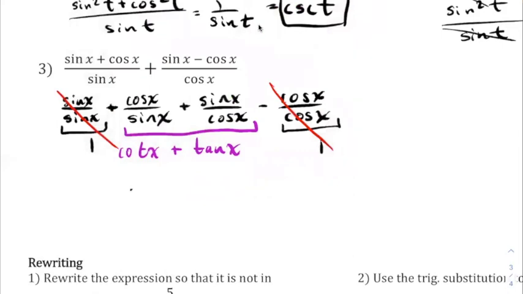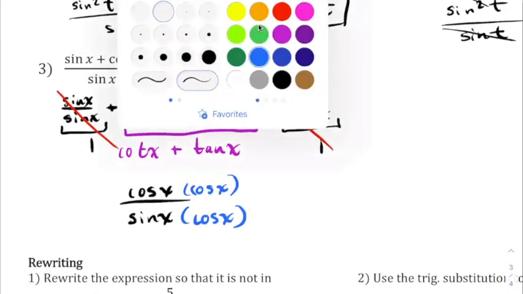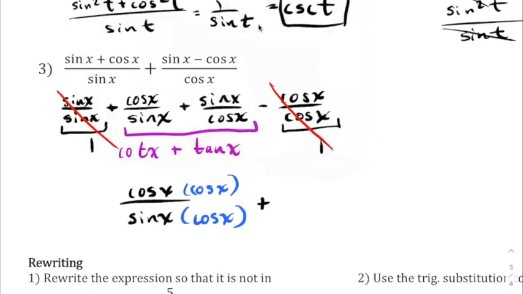So cosine x over sine x, I need this to be multiplied by cosine x over cosine x. And I'm adding this to sine x over cosine x, and this time I need to multiply by sine x over sine x.